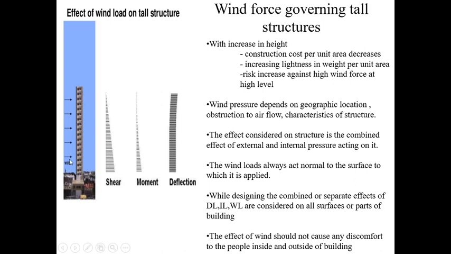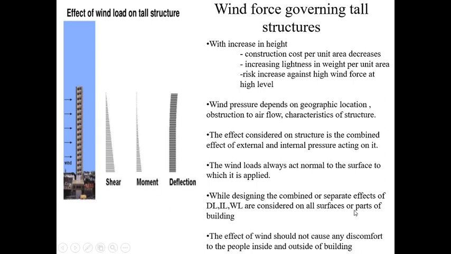These both combined effects should be considered for design. Then, while designing this tall structure, we should consider the combined as well as the separate effects of the dead load, the live load, and the wind load on different parts of this structure. So it may be the roof, the cladding, the different floors.